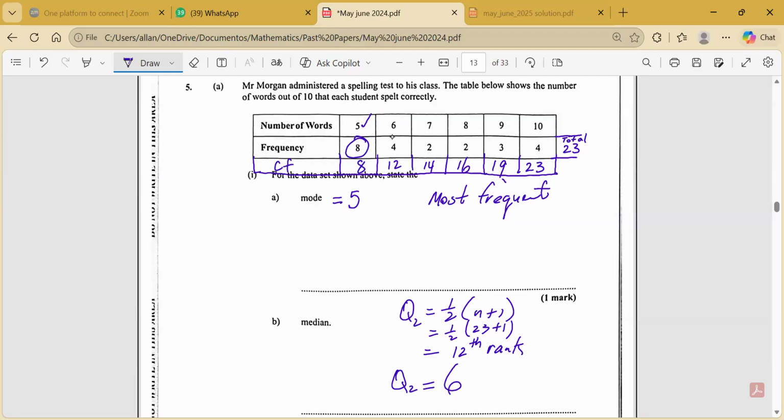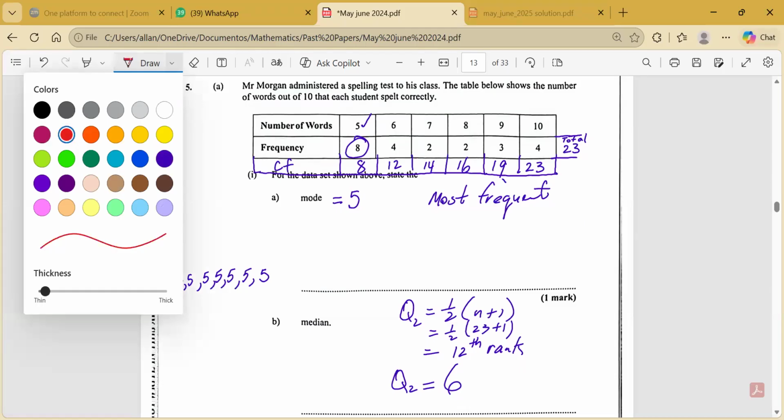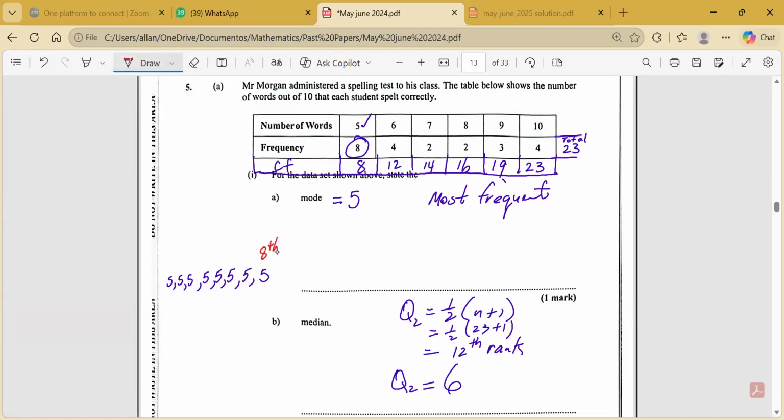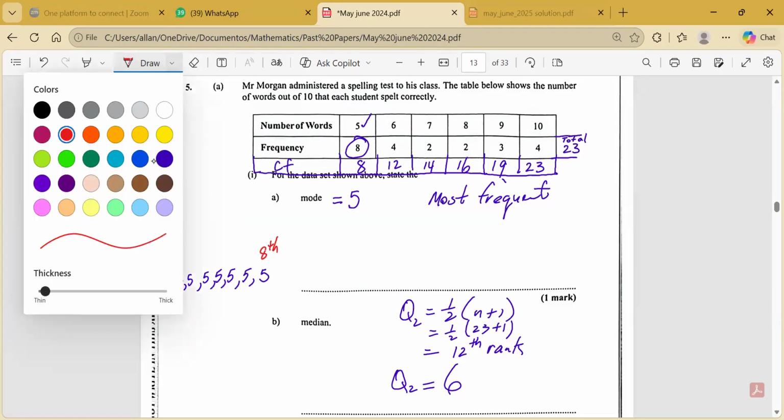So you had 8 5s, and then you had 4 6s. 5, 1, 2, 3, 4, 5, 6, 7, 8. So this represents rank number 8, the 8th rank. I'm just doing this for clarity, so you all know what to do.